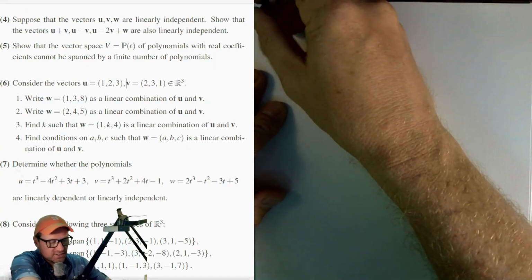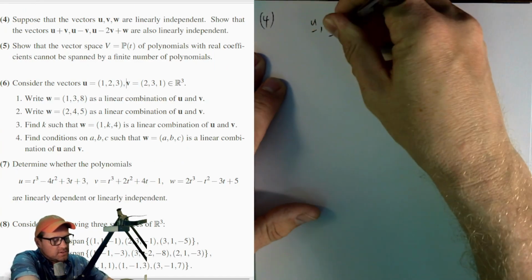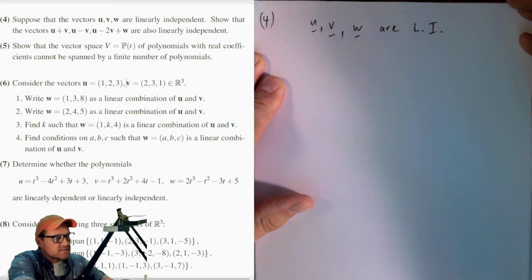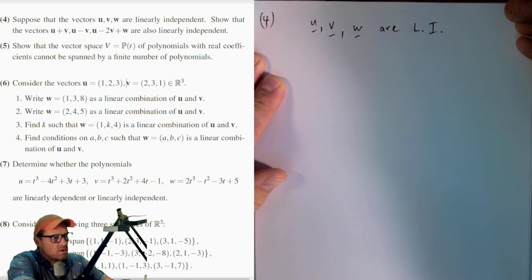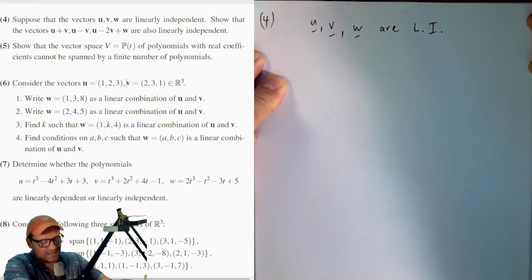So, okay, question 4. Suppose that the vectors u, v, and w are linearly independent. Show that the vectors u plus v, u minus v, u minus 2v plus w are also linearly independent. Let's here give the definition of linearly independent.